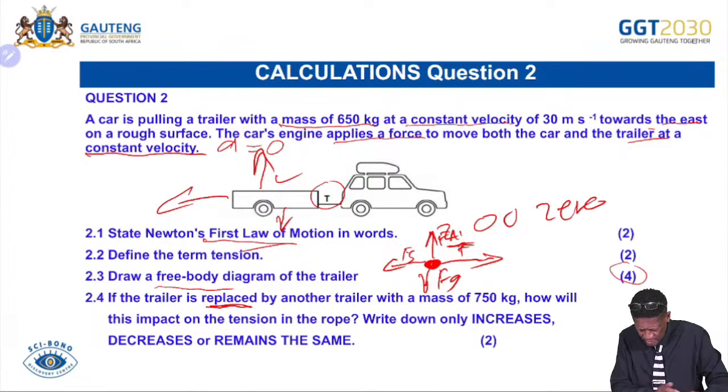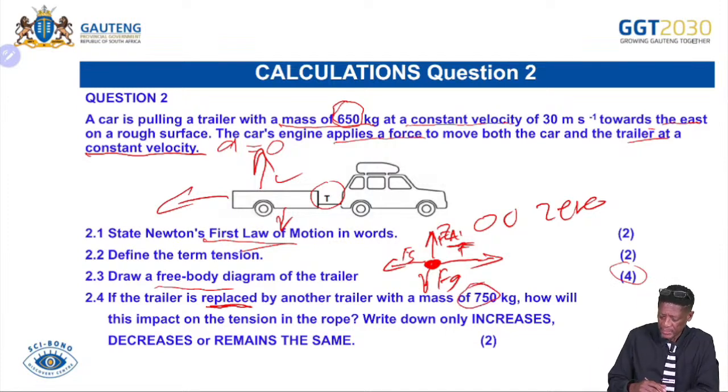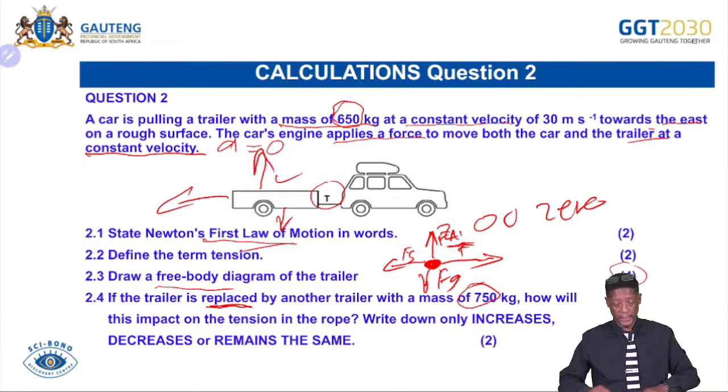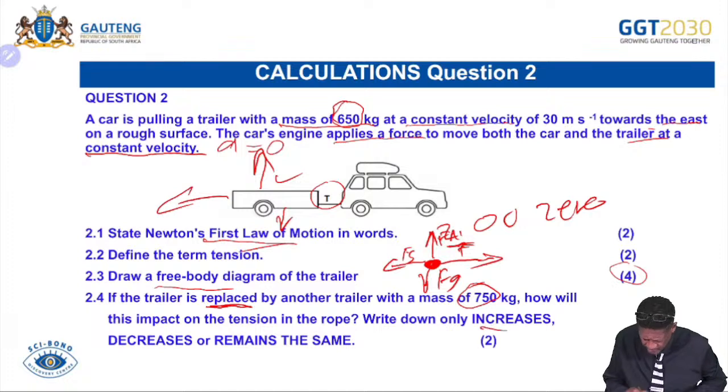Now, they say if the trailer is replaced by another trailer, you remove this one of 650 and place another one of 750, how will it impact the tension in the string? How will the pulling in the string be affected? It will increase, it will decrease, it will remain the same.